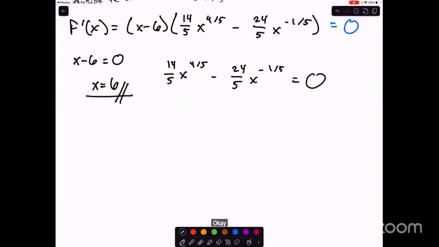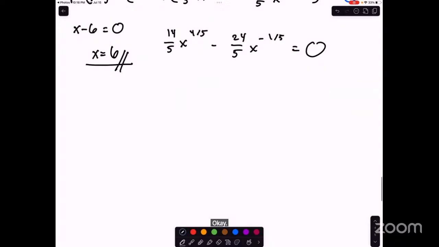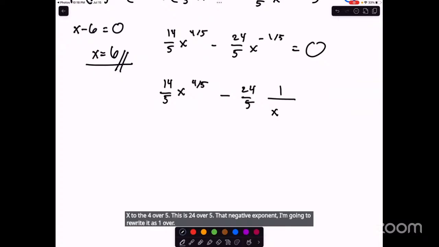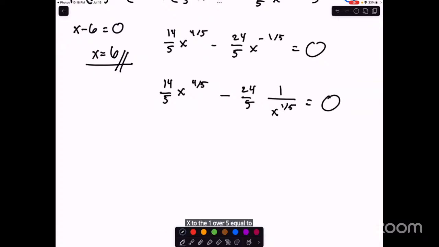Okay, so I'm going to rewrite this. This is 14 over 5 x to the 4 over 5, this is 24 over 5, and that negative exponent I'm going to rewrite as 1 over x to the 1 over 5, equal to 0, right? So then what we can do here is multiply both sides by the LCD of our denominators, the least common denominator or least common multiple.